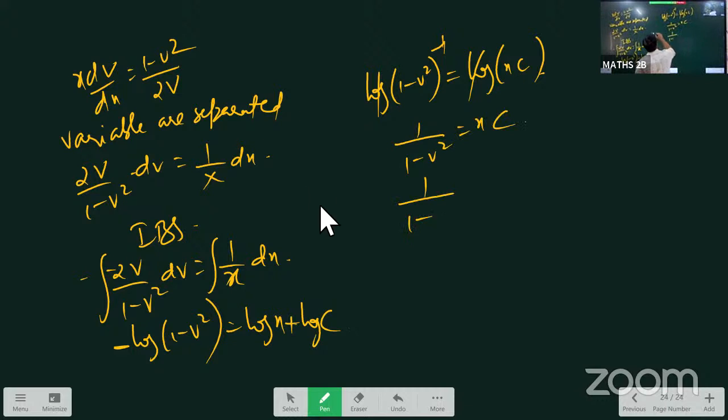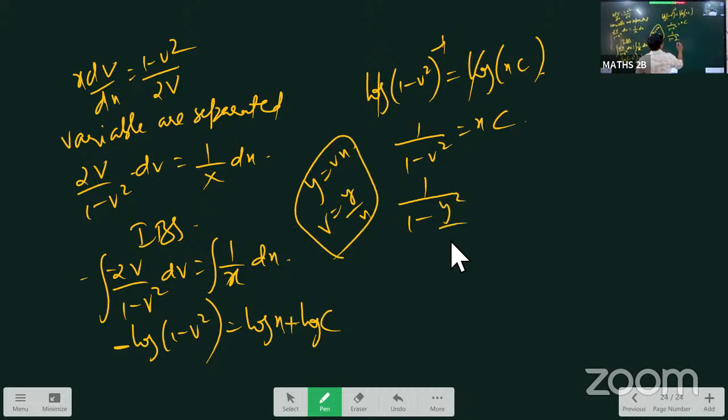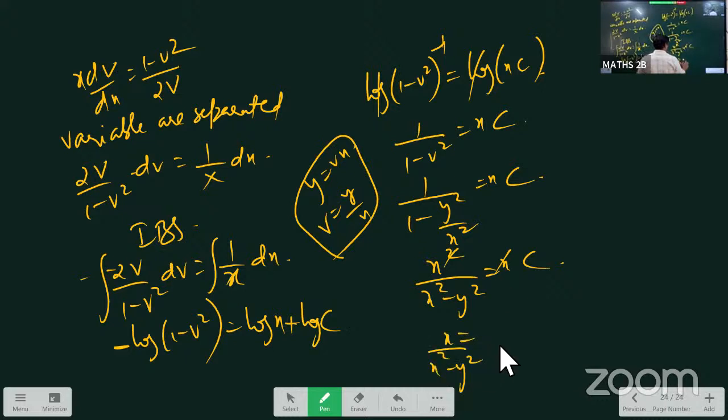But see, y is equal to vx, no? And v is equal to y by x. So 1 by (1 minus y square by x square) equal to xc. Take LCM: x square by (x square minus y square) equal to xc. One x gets cancelled. Then x by (x square minus y square) equal to c.